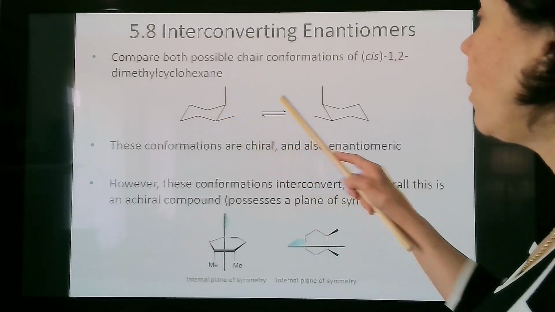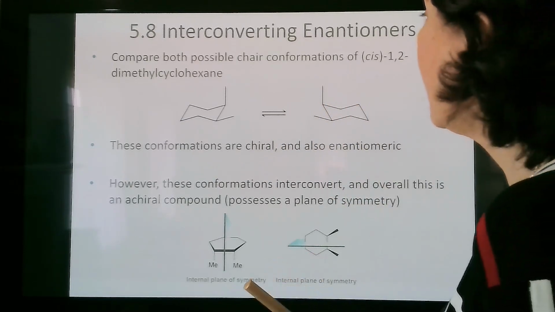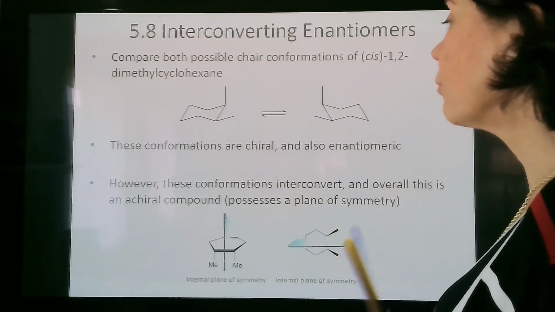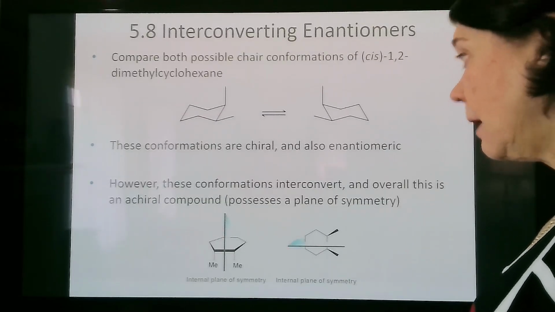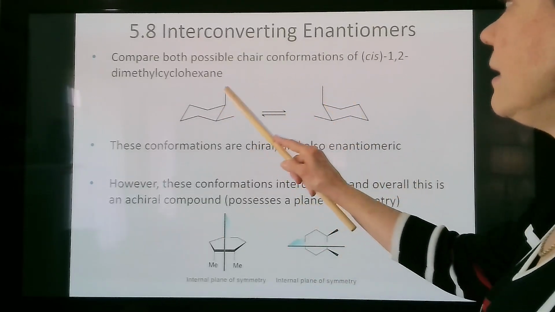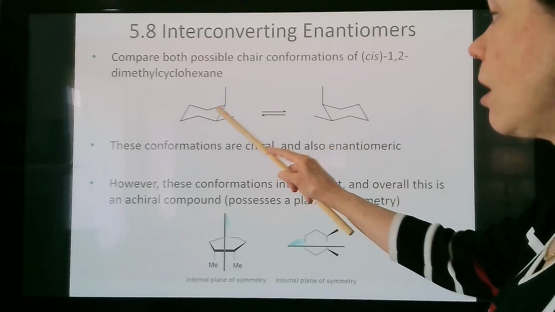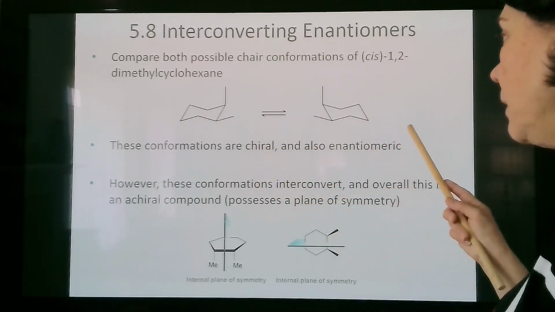The same way with the cyclohexanes. This compound is not regarded as chiral because the interconversion is just taking place too fast. You could draw them and look at them and say, yes, this should be enantiomeric.